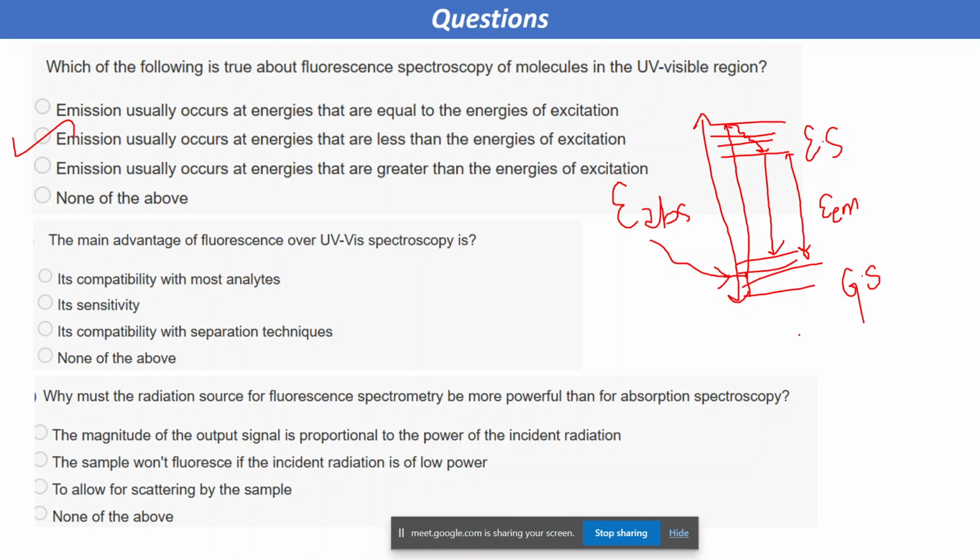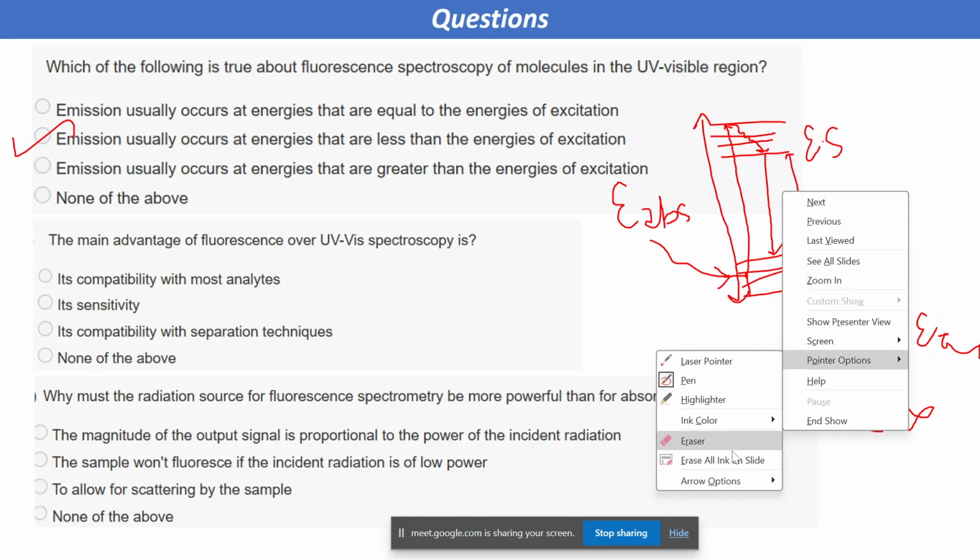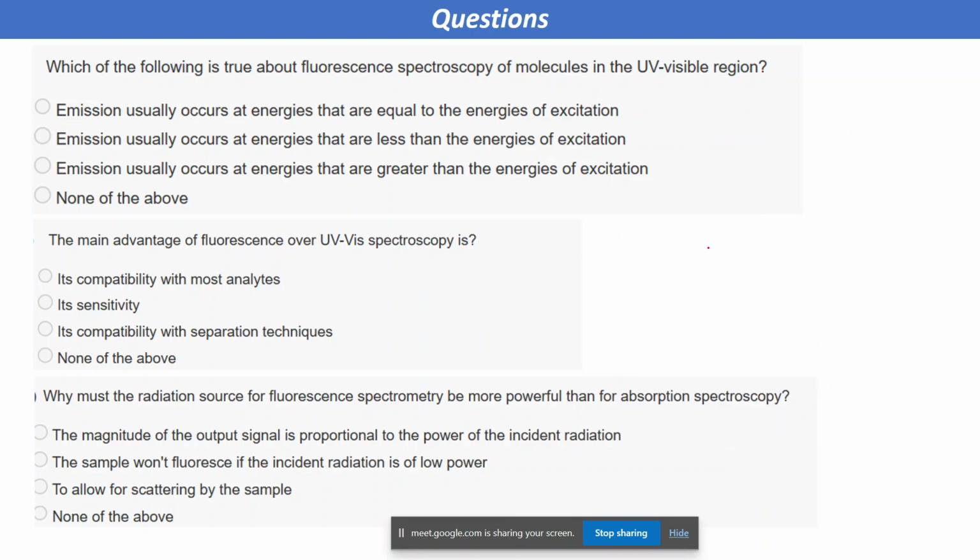Now you know the energy of absorption is higher than the energy of emission. Similarly, the wavelength of absorption is less than the wavelength of emission, as the energy of absorption is more than the energy of emission.